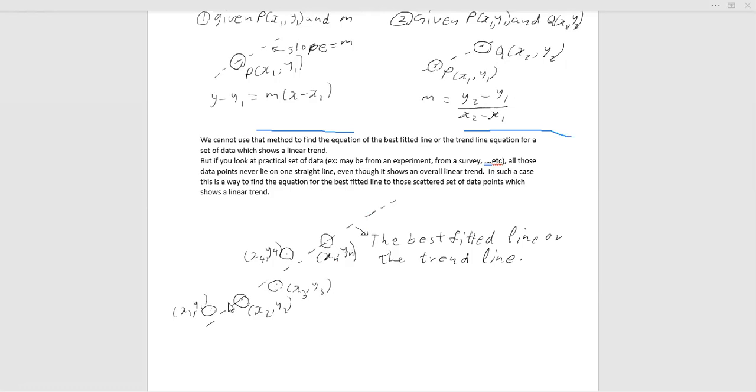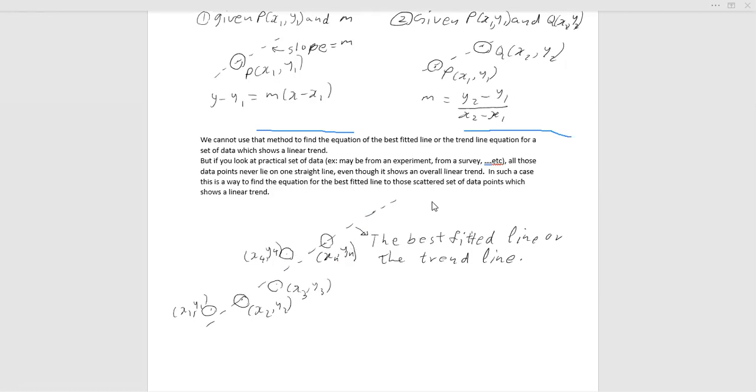If you just look at these data points, you see a linear trend: y increases linearly as x increases. It seems to fit a straight line, but not all points are on one straight line. So we have to find a line that is well balanced with these scattered data points and write its equation.